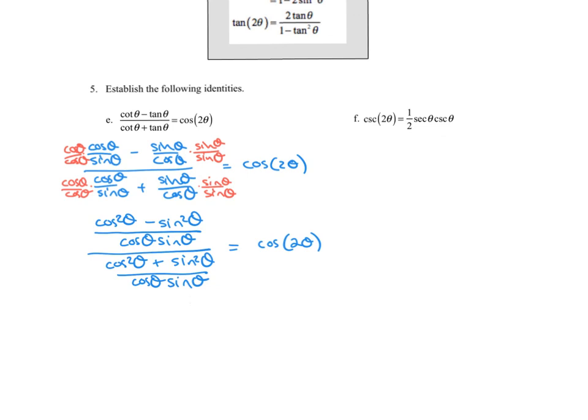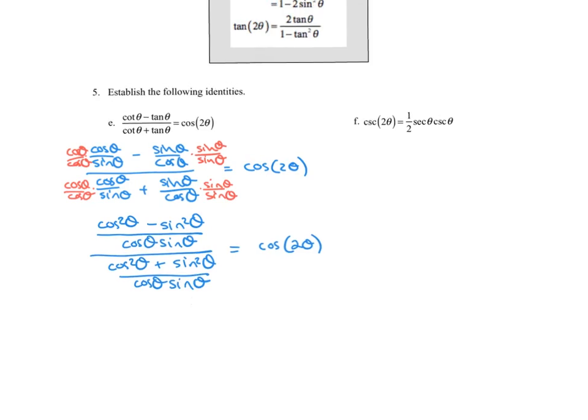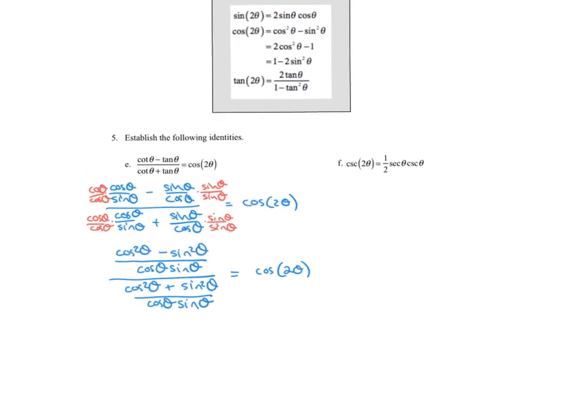Since I'm dividing by a fraction, I'm going to multiply by the reciprocal, but I'm also going to use some of my identities at this point because if I look up at the box above, I see cosine squared theta minus sine squared theta, and that's what I have right here. So I can replace that with cosine 2 theta.